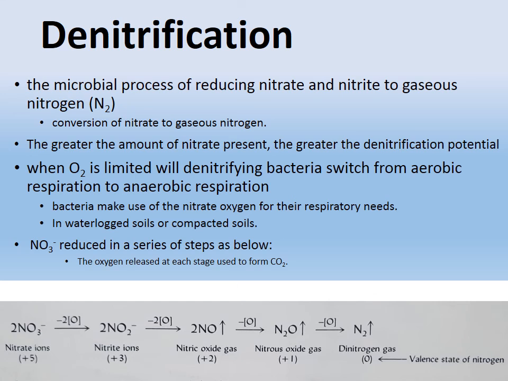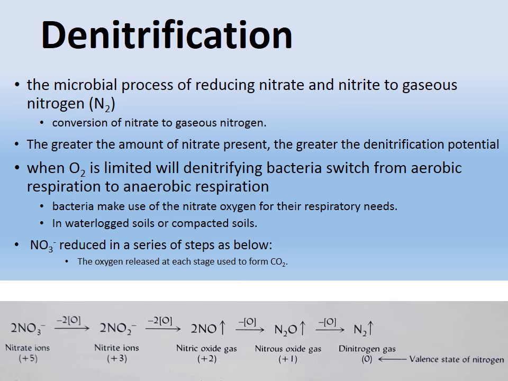When oxygen is limited, denitrifying bacteria will switch from aerobic respiration to anaerobic respiration. The bacteria make use of nitrate instead of oxygen for their respiratory needs, and this happens much more in waterlogged soils where there's not a lot of oxygen, and also in compacted soils where oxygen pockets might be difficult to find.